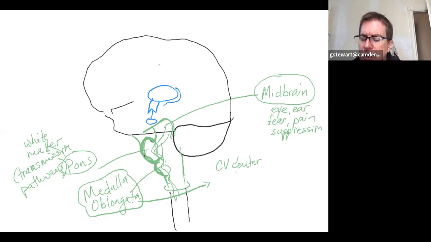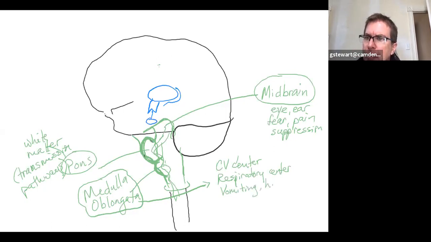It also contains the respiratory centers. That regulates breathing rate, the depth of breathing, how deeply you inhale and exhale. And the medulla also includes the vomiting center.